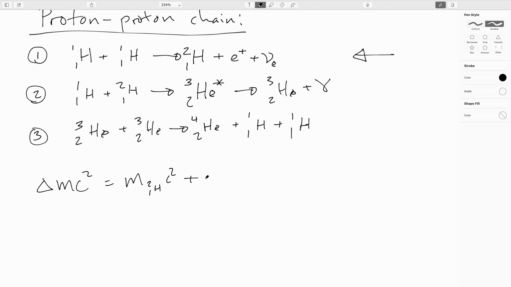This is the rest energy of an electron. This is the rest energy of a neutrino. Now, although the mass of a neutrino isn't 0, it is so close to 0 compared to basically any other particle in nature, I'm just going to make that go to 0 right now. And then we have to subtract 2 times the rest energy of 1 proton.